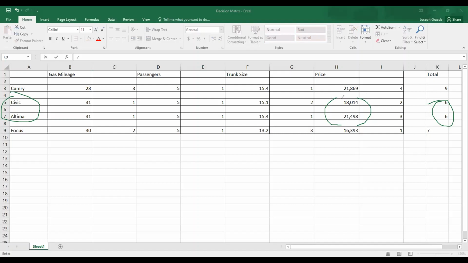And so most people would probably pick the Civic. And that's what a cost analysis decision matrix allows companies, people who are looking to spend a large percentage of their income, corporations, to do. Any questions on that?